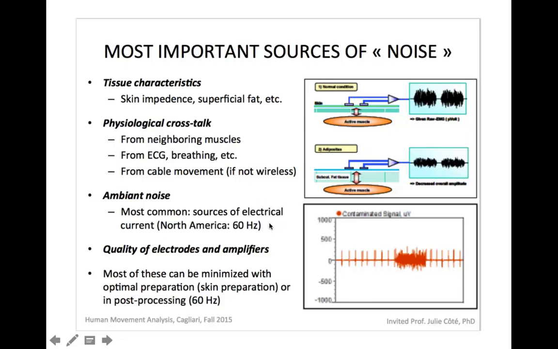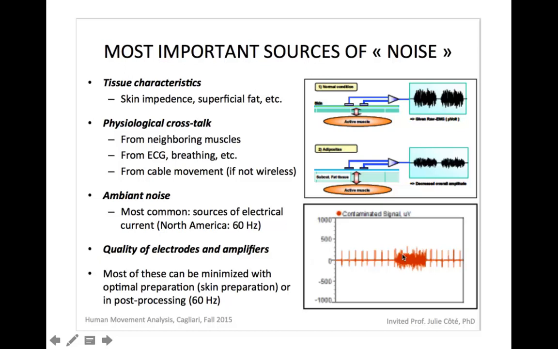Your ambient noise, so 60 hertz noise, quality of your electrodes and your amplifiers, and then just a comment that it's very important, if you're going to acquire these signals, that you take adequate preparations in improving the conductivity of the skin, as well as in your post-processing and filtering.